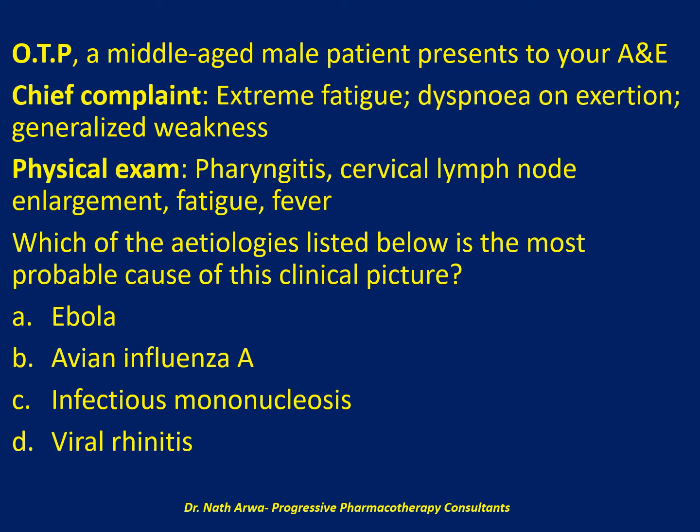So my question to you is, which of the etiologies listed below is the most probable cause of this clinical picture? Is it Ebola? Is it avian influenza A? Is it infectious mononucleosis? Or is it viral rhinitis? I'll give you 10 seconds to choose the correct answer.